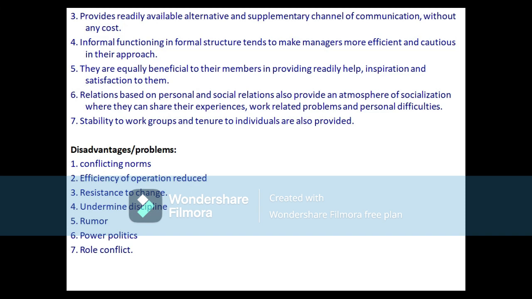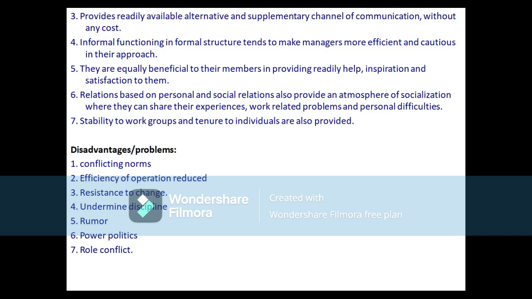Tenure, in the sense of the period that workers are working in the organization, will have longevity, meaning a longer period of time will be worked by the individuals if they are within the informal environment. Why? Because tenure will be long. Why will they work for a long period of time?